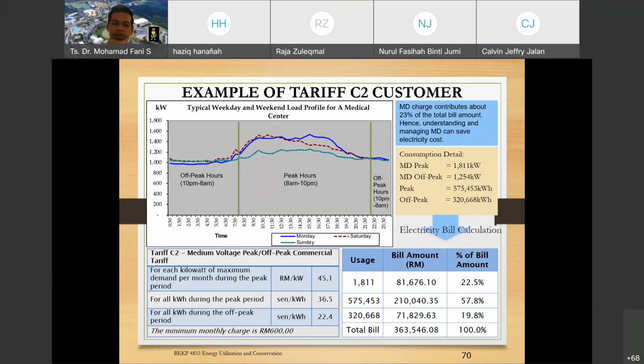The tariff for C1, you can refer to the previous slide. Any question? Any question?